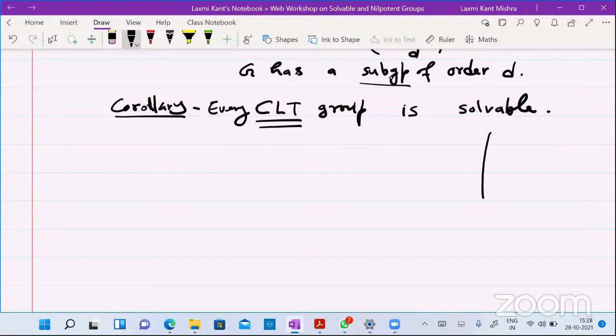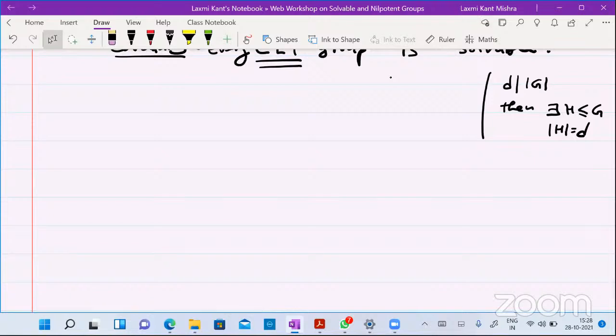Lagrange theorem says that if D is some divisor of the order of the group where G is finite, then there is a subgroup H of G of order D. But you know very well that the converse of Lagrange theorem generally doesn't hold.